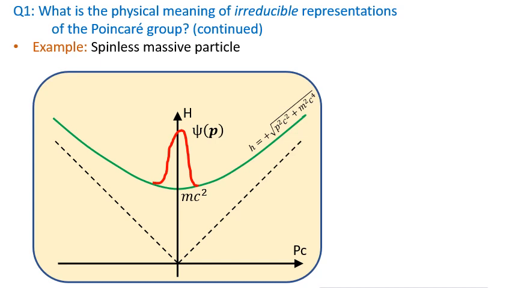Let me now demonstrate this idea of a cyclic representation on the example of a massive spinless particle. As we discussed earlier, states of this particle can be described by momentum space wave functions, or equivalently by wave functions specified on the mass hyperboloid. Here I showed one such wave function that is localized near momentum value 0.